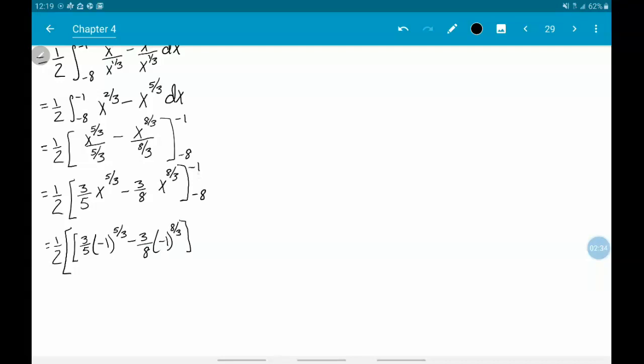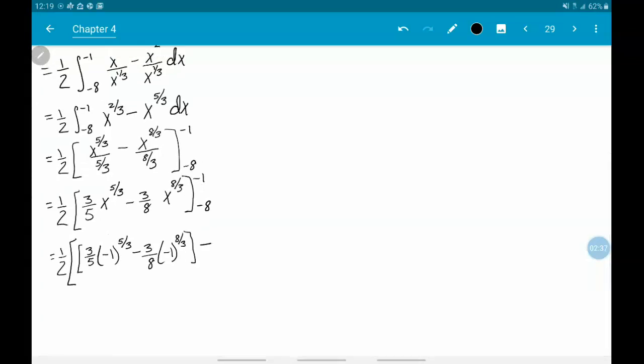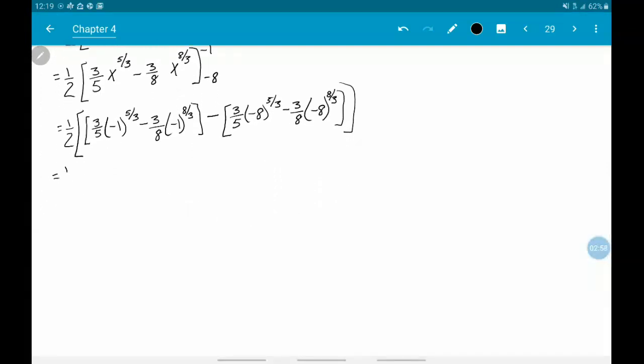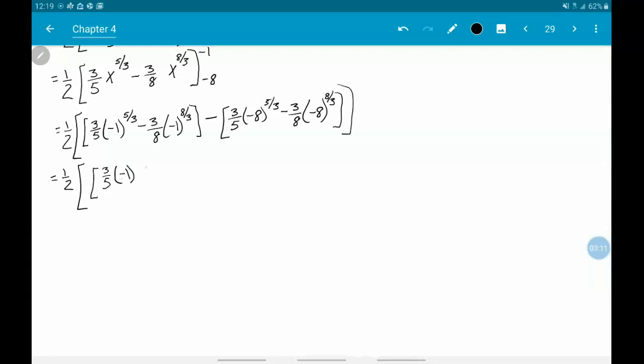Okay, so that's what happens when we sub in that top, that -1, subtract, and then we're going to sub in that bottom. So let's start simplifying. If we take -1 to the 5/3 power, we're going to get a -1.